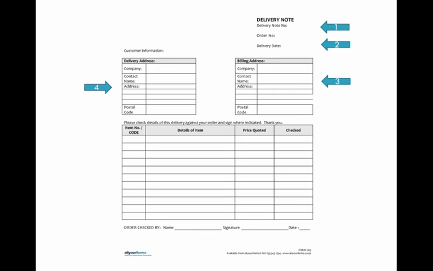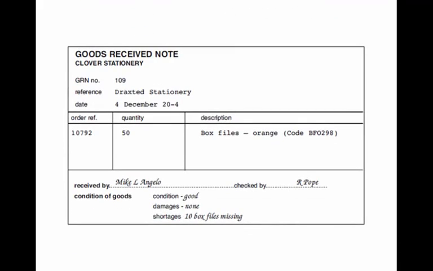Now if you remember, the purchase order also had a ship to address. Now the ship to address in the purchase order is going to be the same as the delivery address in the delivery note, and it also has details of what kind of items were delivered, the details, the price quoted, so on and so forth.